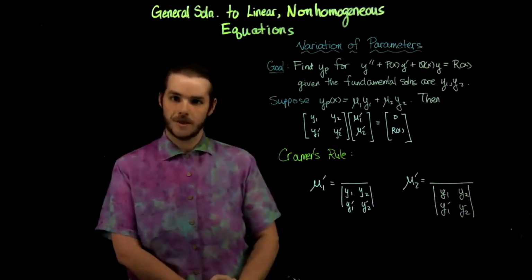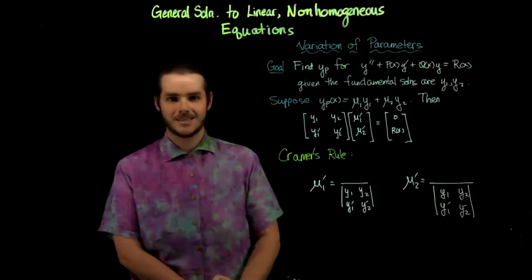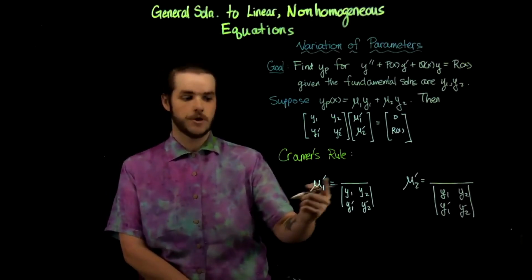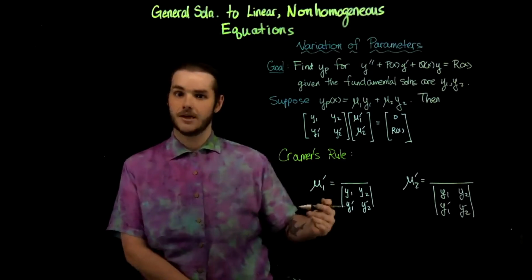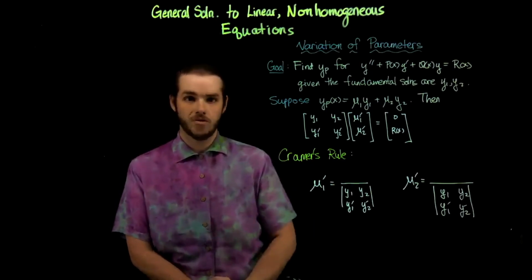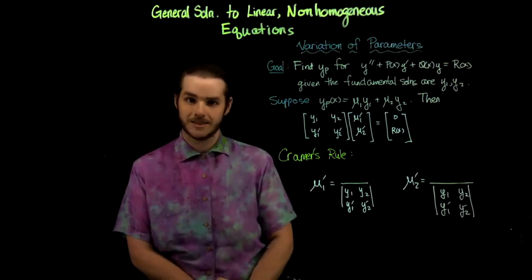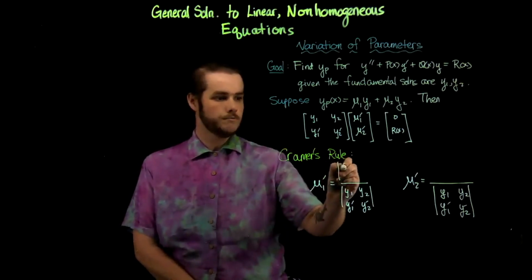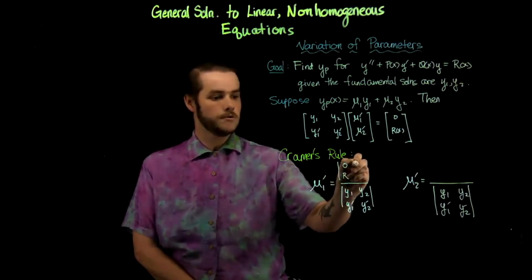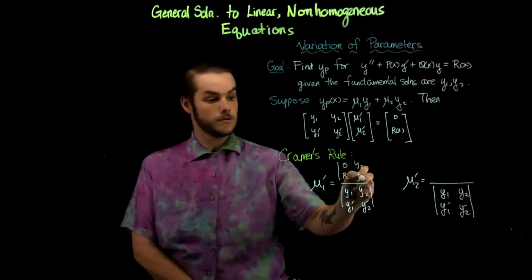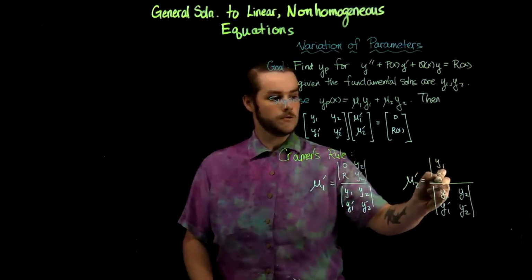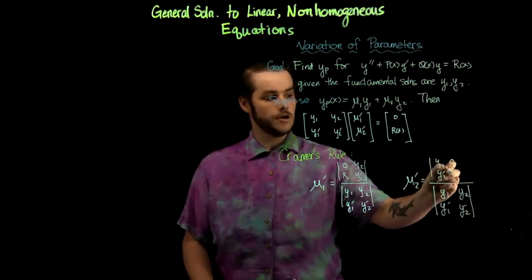And in the numerator, they will have almost the same thing, except in the unknown's corresponding column. So for the first unknown, first column, second unknown, second column, I will replace the column in the matrix with the right-hand side. So over here, I replace column 1 with 0, r. Over here, I replace column 2 with 0, r.